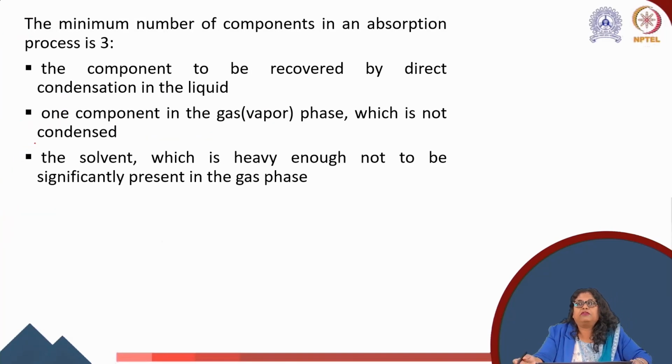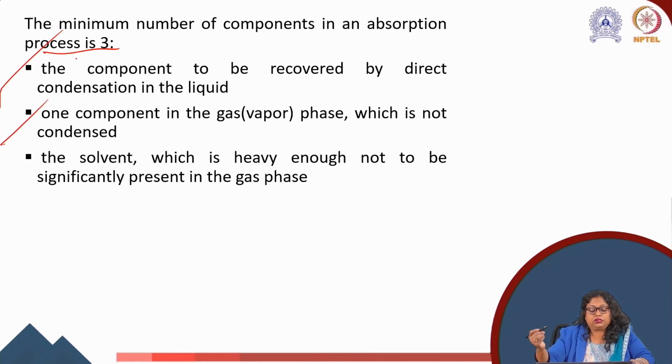The minimum number of components in an absorption process is 3: the component to be recovered by direct condensation in the liquid, the component in the gas phase which is not condensed, and the solvent, which is heavy enough not to be significantly present in the gas phase.